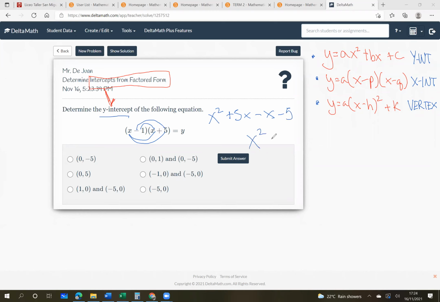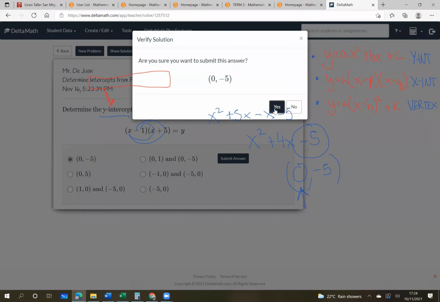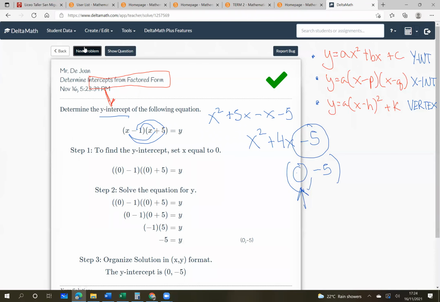That gives x squared plus 4x minus 5. What do you see here? Negative 5. The y-intercept is always when x is 0. So we know that the answer will have to be (0, negative 5). Boom, right there.